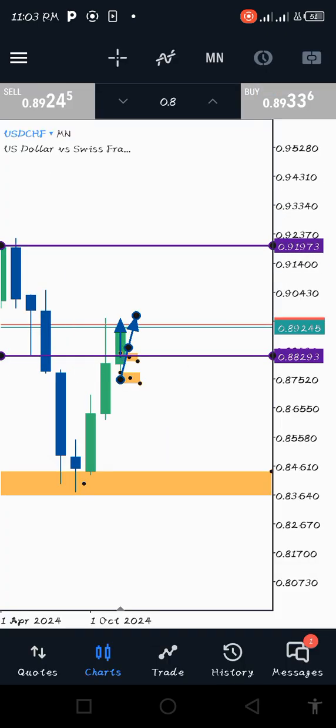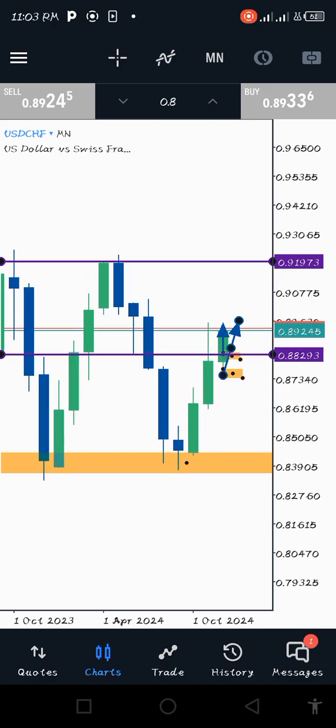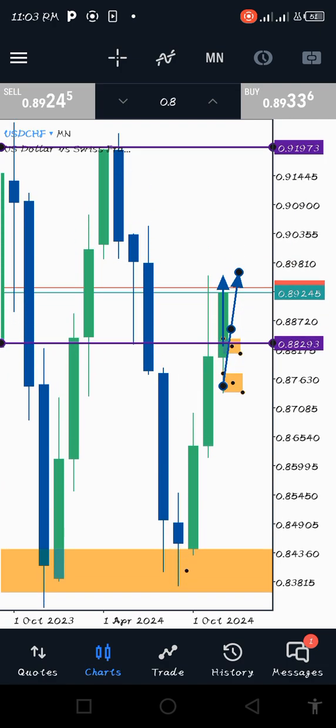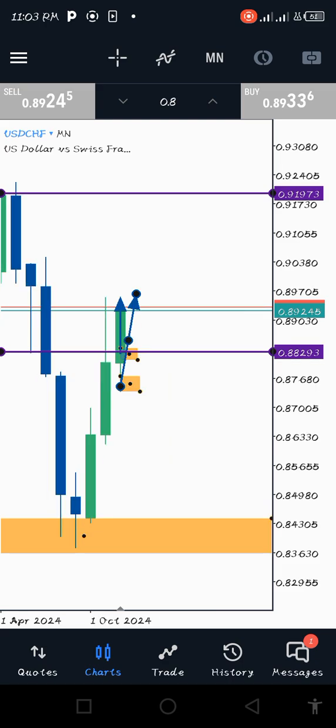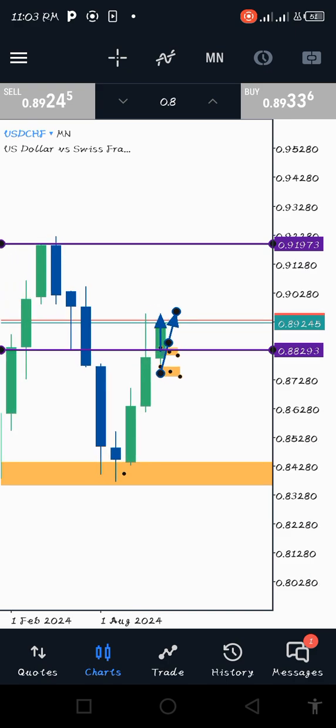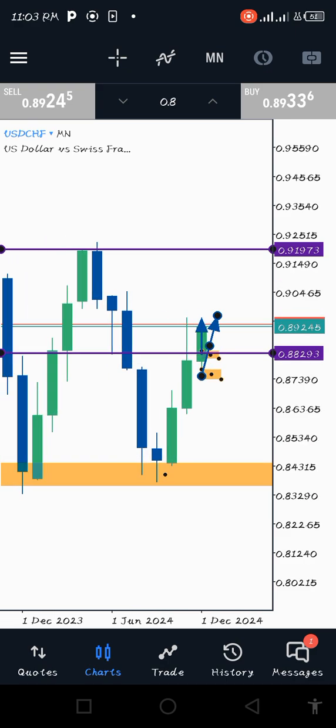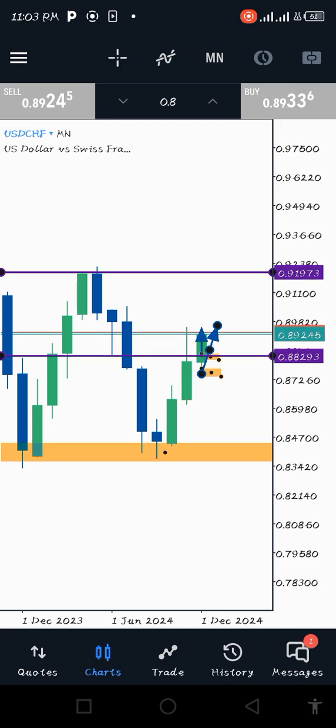So judging from the monthly time frame, we can expect this December to be bullish, and if we have a bullish January, then we can eat our final TP, or we can be adding more buying opportunities on this pair up to the last TP.